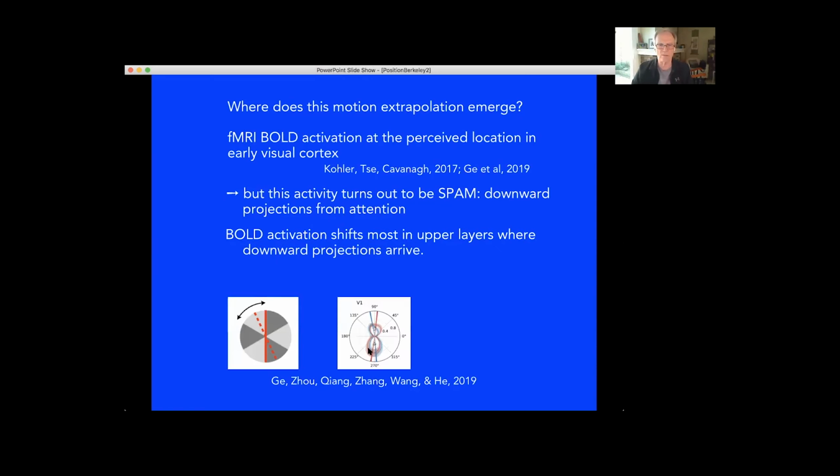Here's their V1, plotted in polar coordinates, and they match orientations to the activity patterns, and find that there is a shift in V1. When they do it in the 7T magnet, they found the shift that they measure in this manner is largest on the top layers, saying that it probably is downward projections. It's probably an attentional shift, whereas the deep layers have very little shift.